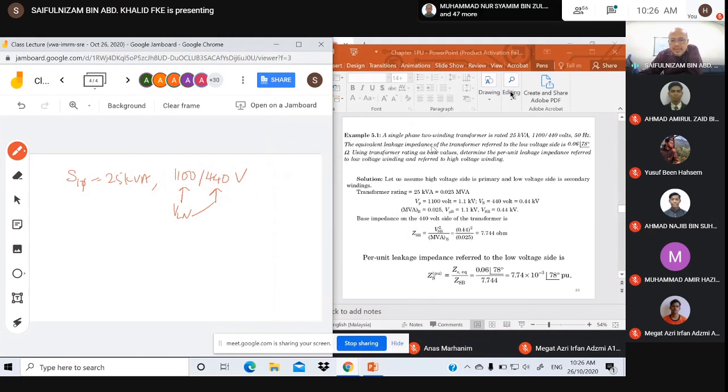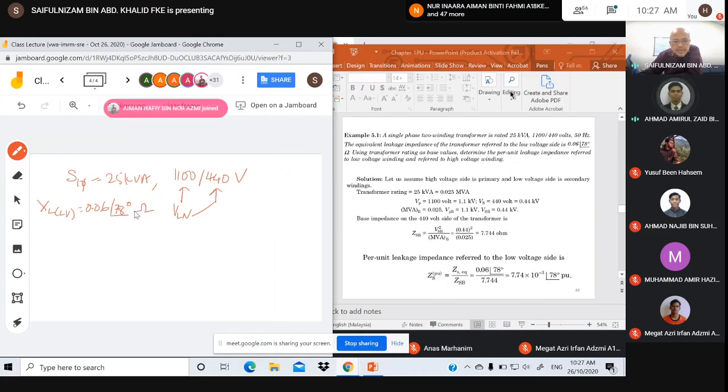The equivalent leakage impedance of the transformer, the XL, referred to the LV side is 0.06 angle 78. Okay, this is the XL at the LV, or at the secondary, the LV side, 440 volt, is 0.06 angle 78 ohm.